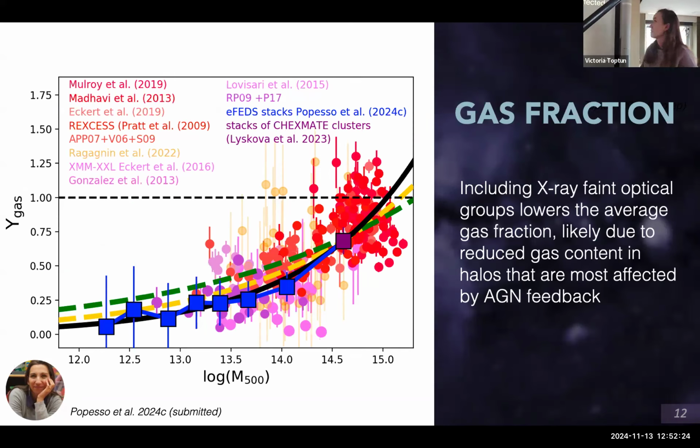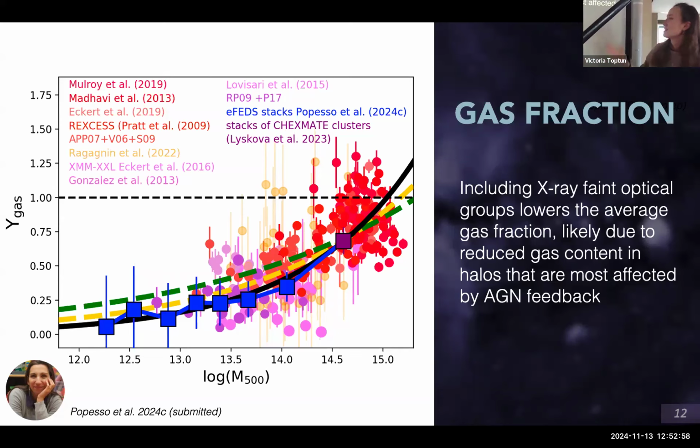So we did that, and based on luminosity profiles and surface brightness profiles, we also estimated a fraction of gas inside R500 for our sample. Here by circular points, we're showing the literature data for X-ray detected sources. By dashed lines are the relations between gas fraction and mass from the literature, also for X-ray detected sources. And the blue squares are showing our sample in eFEDS after stacking.